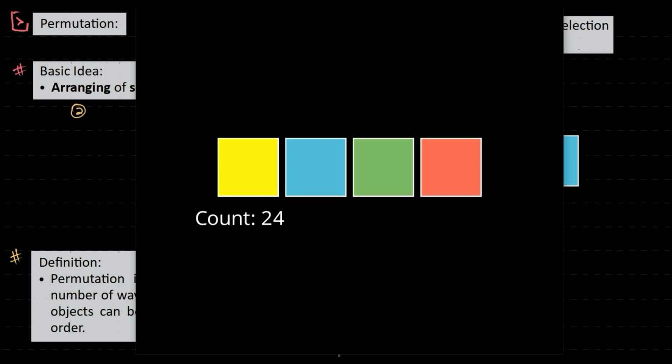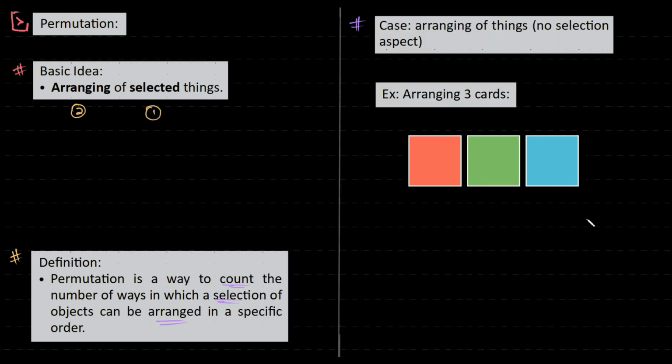So there are 24 different ways of arranging 4 cards, right? So this was 6 ways. The other one was 24 ways.